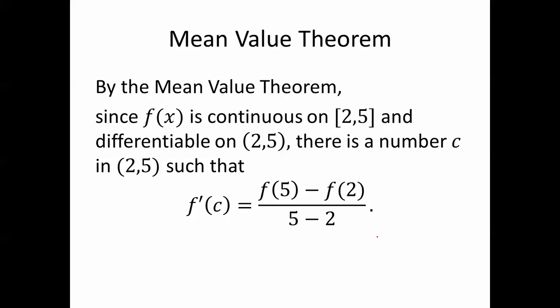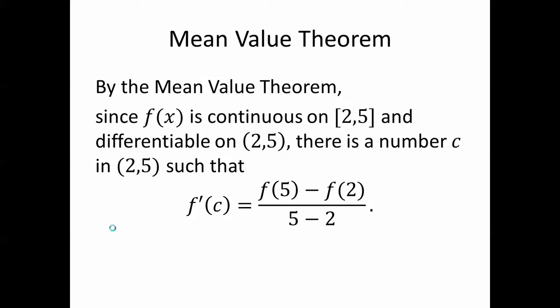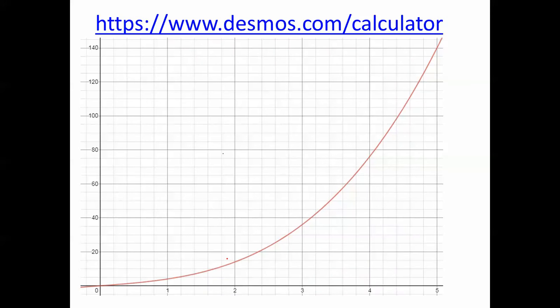By the mean value theorem, since f of x is continuous on the interval from 2 to 5 and differentiable on the interval from 2 to 5, there is a number c such that f prime of c is f of 5 minus f of 2 all over 5 minus 2. In other words, we're looking at the interval from 2 to 5, there's a place somewhere between 2 and 5 where the tangent line has the same slope as the line through these endpoints.